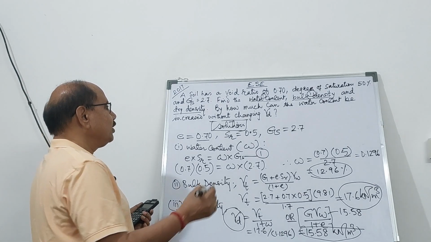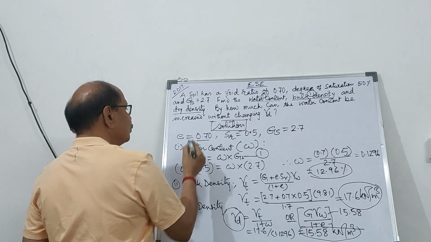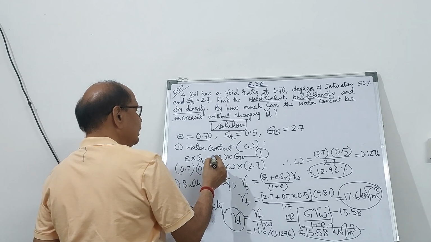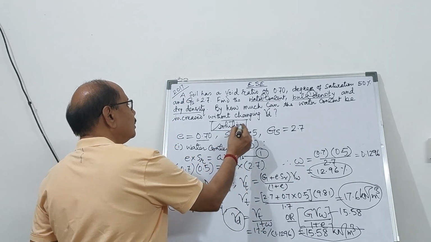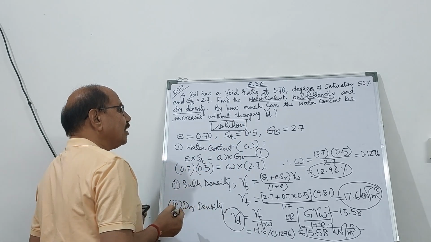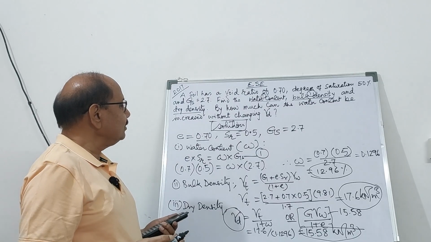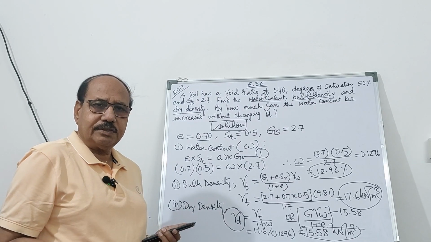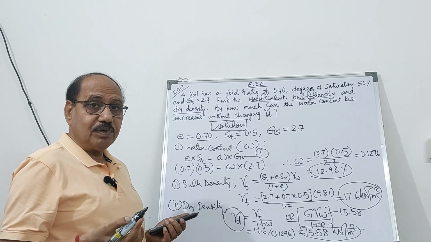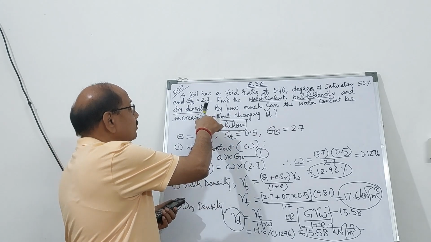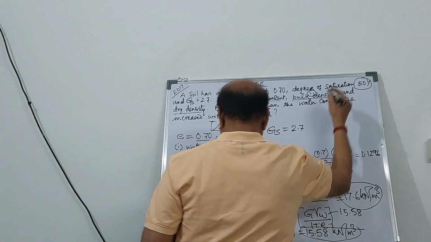Now the question is, how much can the water content be increased without changing gamma D? How much can you increase the moisture content? You can make it fully saturated. The sample is partly saturated because the degree of saturation is only 50% here.